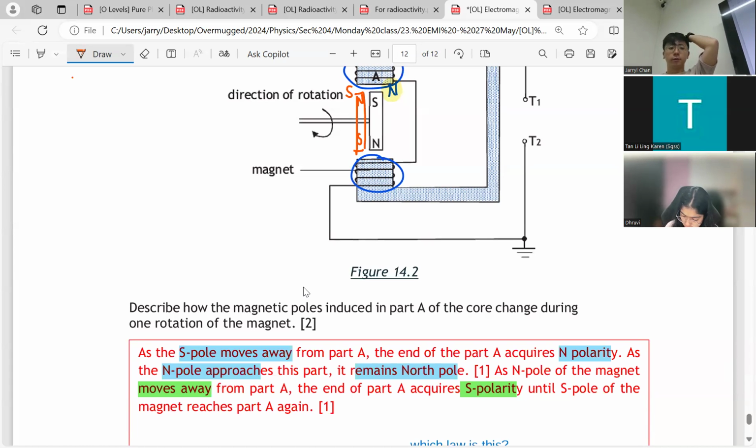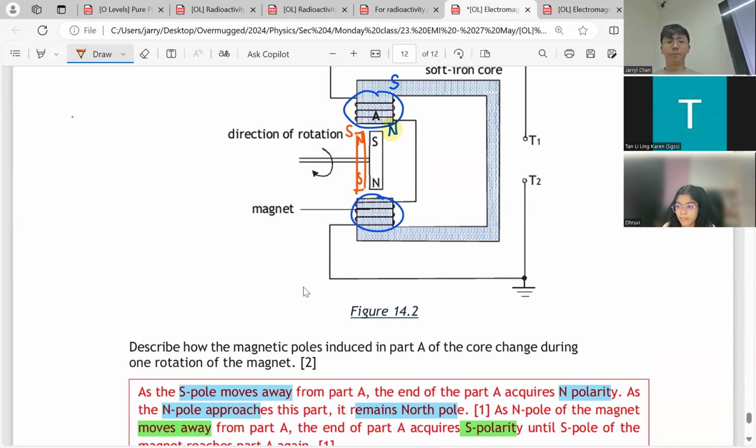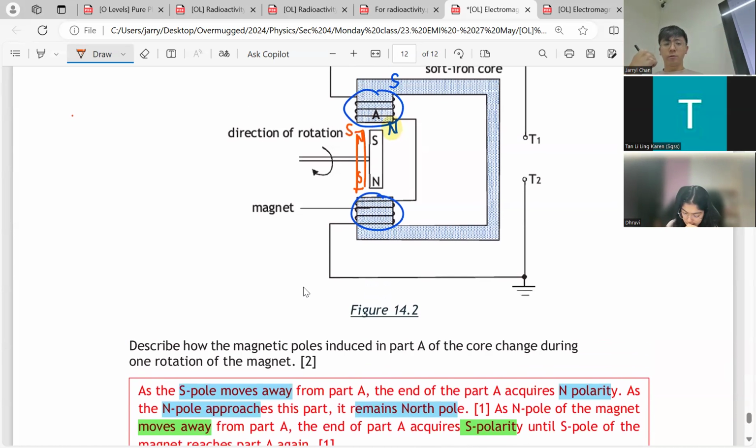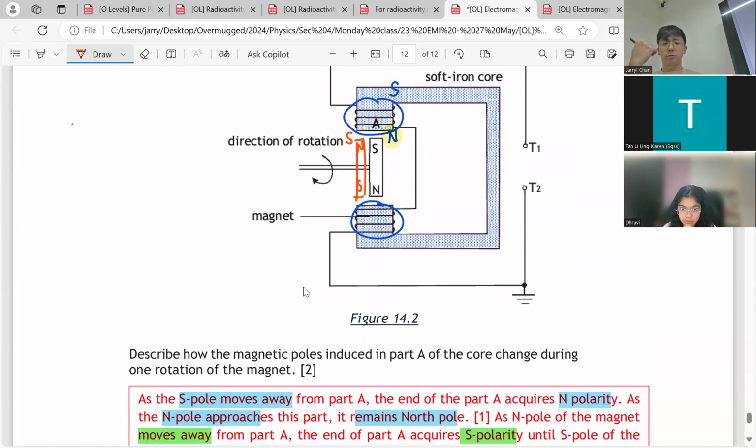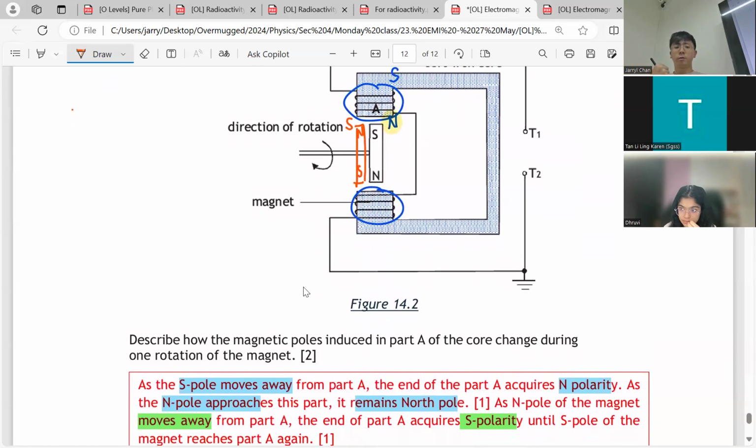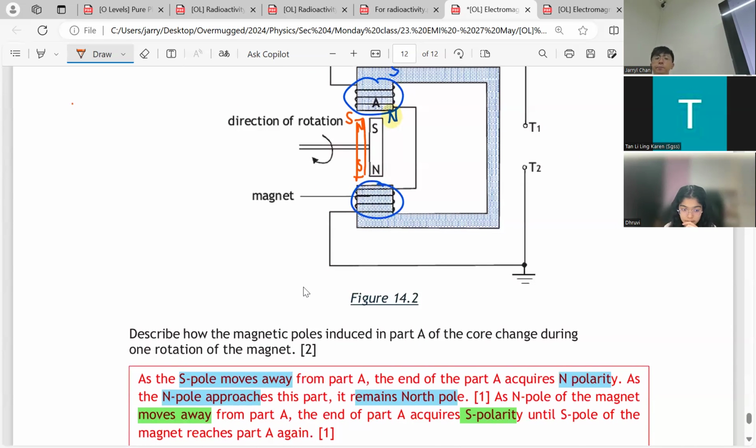Questions? Yes. It moves away, it moves out. The south pole moves out of the range, out of the plane of the paper, and partly acquires north polarity. Yes, can.